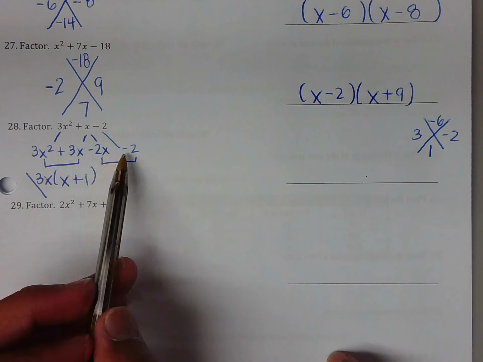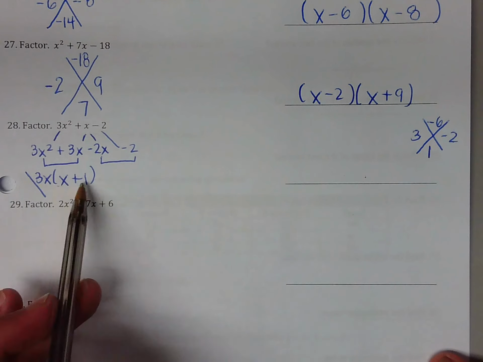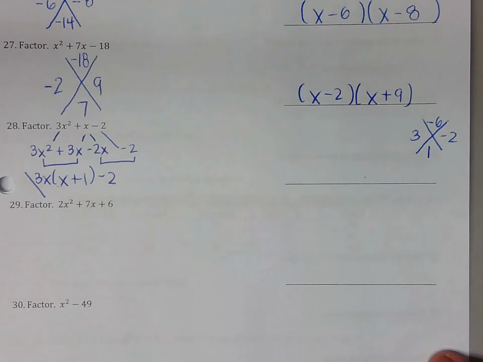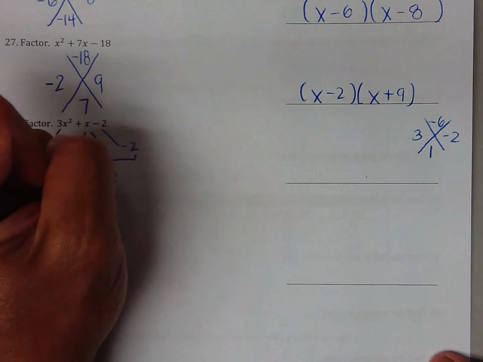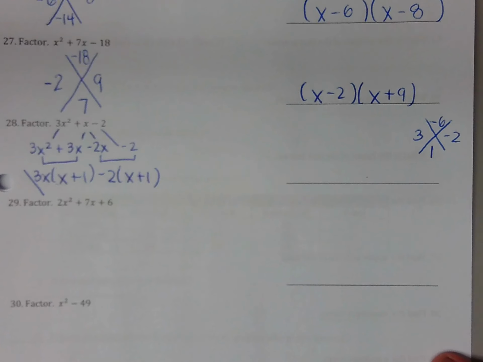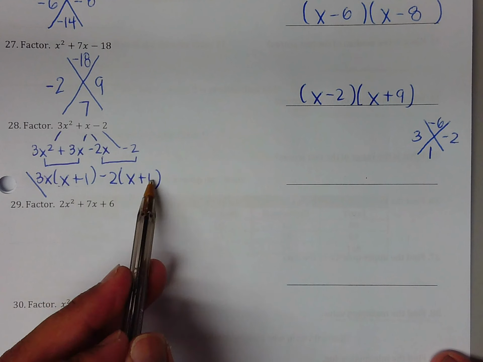Next, negative 2x minus 2. I know that if I factor out a 2, it's not going to work because I'm going to have a negative x minus 1 on the inside. And remember, we want our parentheses to be the same. So if I factor out a negative 2, that'll make it work, right? Negative 2 and then x plus 1. If we check, negative 2 times x gives me negative 2x, and negative 2 times 1 gives me negative 2.